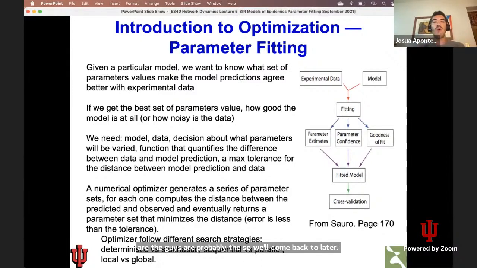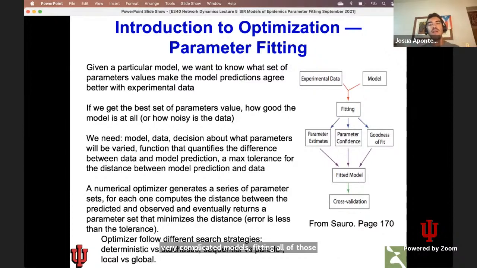But for the fitting part, you certainly need to have a model that explains what the data is. You have to have the data, and you also have to make a decision. Sometimes these models are quite straightforward. Sometimes you have very complicated models, and fitting all of those parameters becomes extremely complicated.